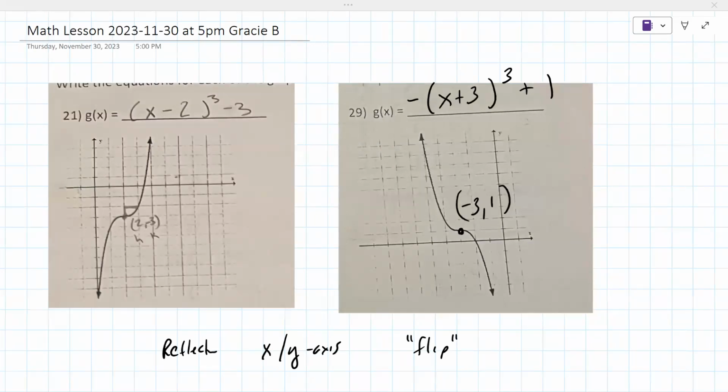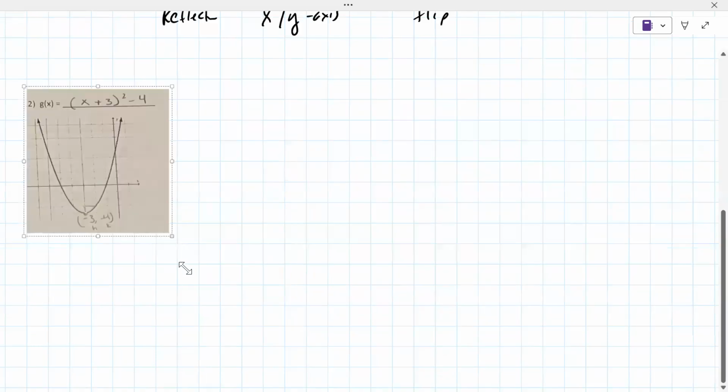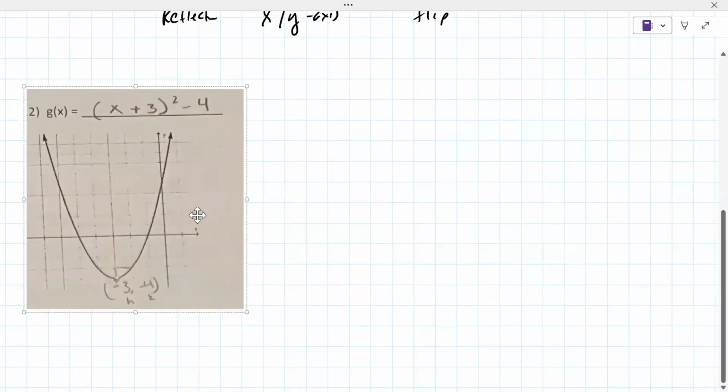So for number 22, you did kind of the same thing. You found H and K. Now you're supposed to check another point here to determine if the A is off.